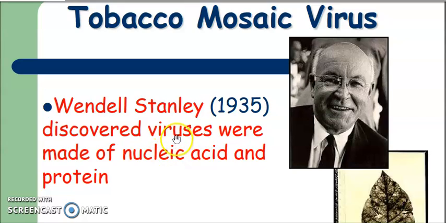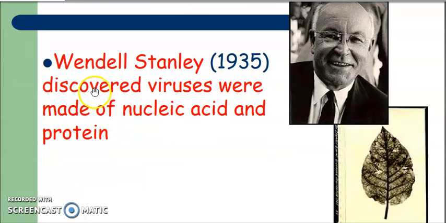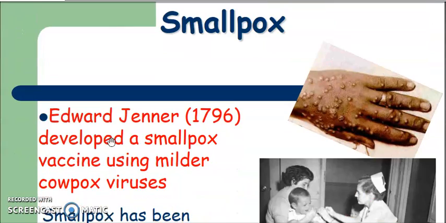In 1935, another type of virus was discovered, which was given the name tobacco mosaic virus by Wendell Stanley. The virus discovered by him is made of nucleic acid and protein. He was the first one to say that viruses are made of protein and nucleic acids.